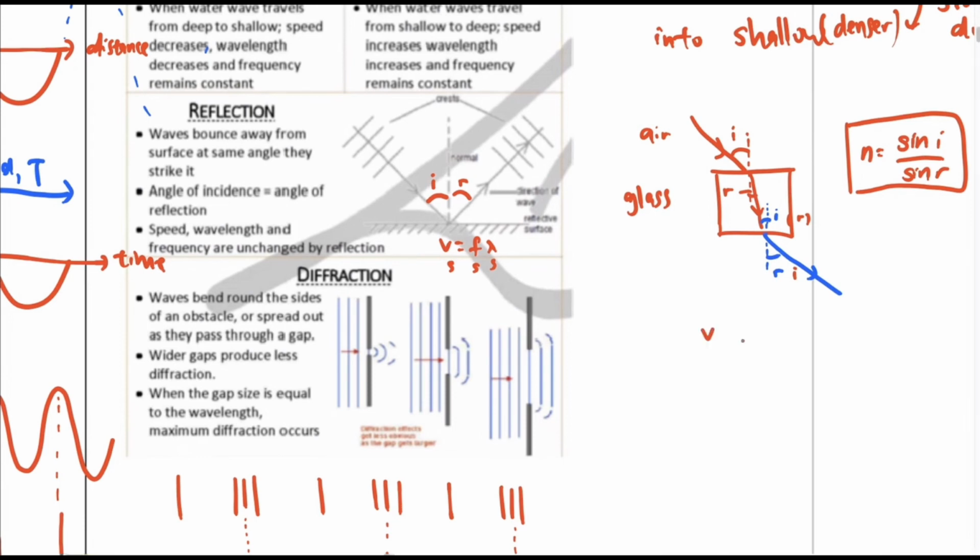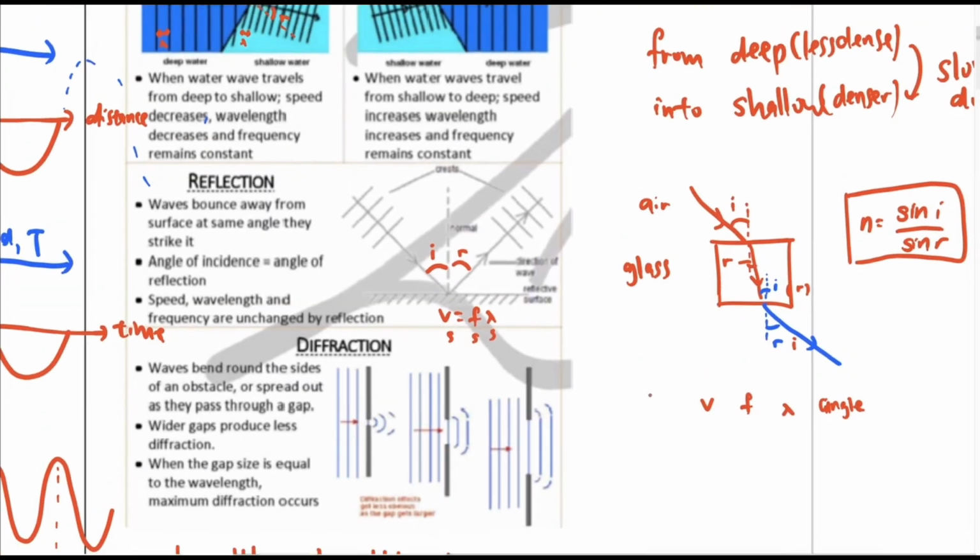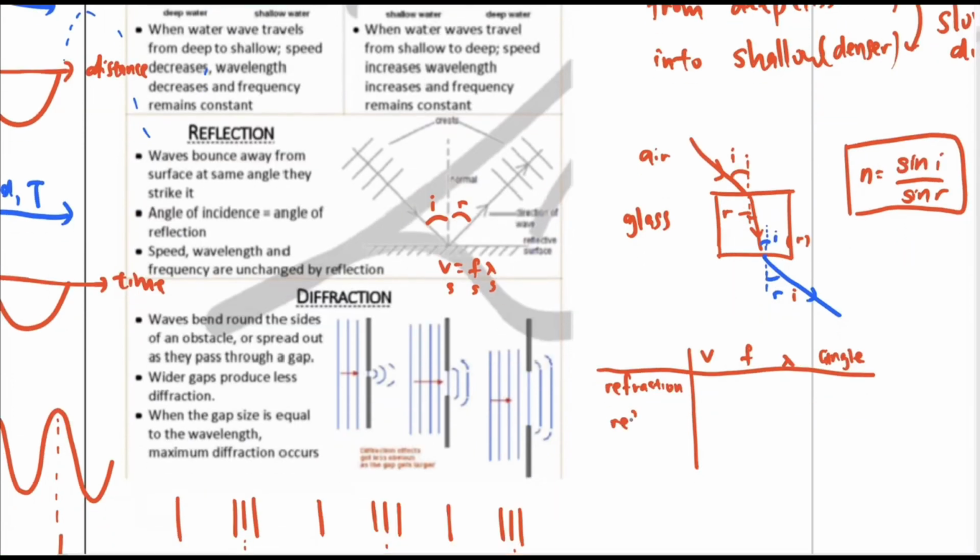So we have speed, frequency, lambda, angle, and direction of wave, for refraction and reflection. Okay, let's compare.